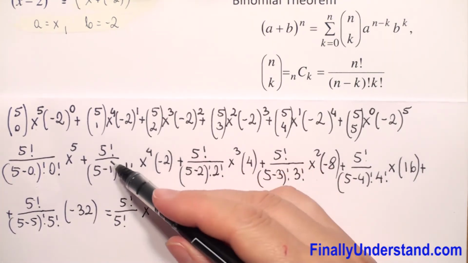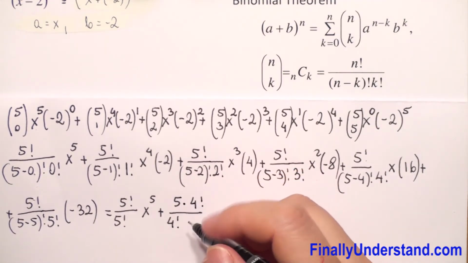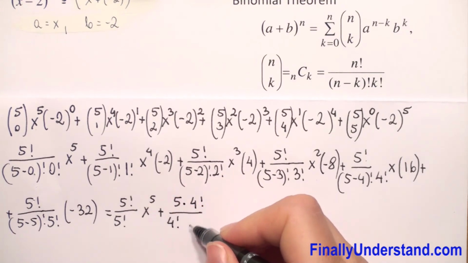So I will rewrite 5 factorial as 5 times 4 factorial. 1 factorial is 1, so we don't have to write it.